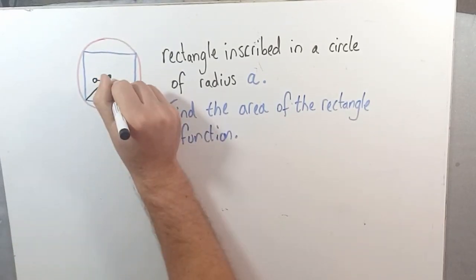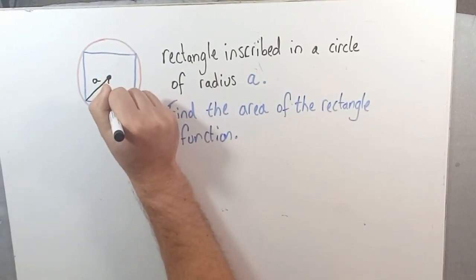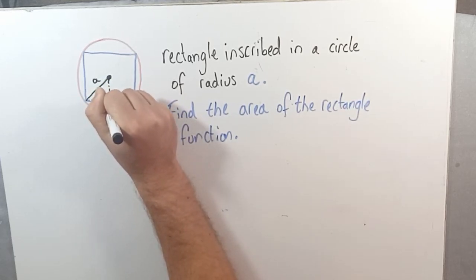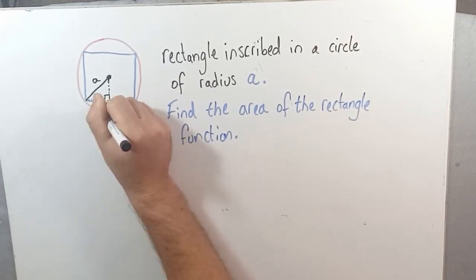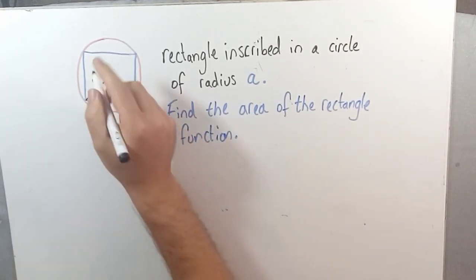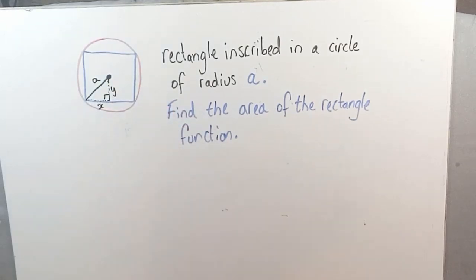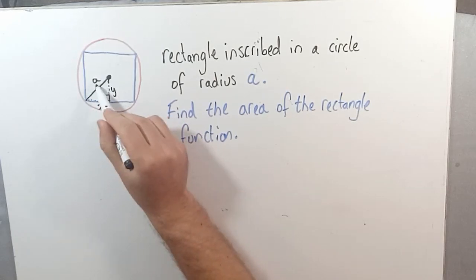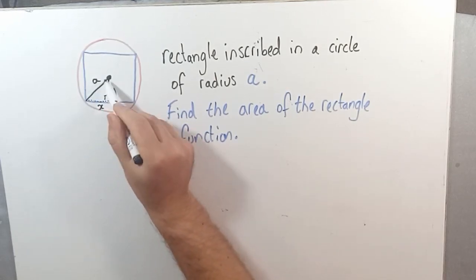Okay, so we could split this up into a right angled triangle like this. Let's call the sideways horizontal movement x and the vertical y. Okay, so how can we relate these things, the radius and y and x?